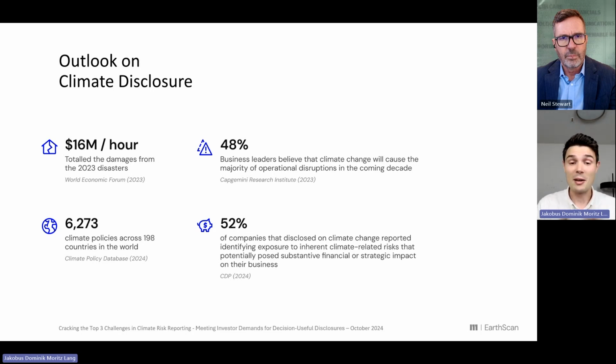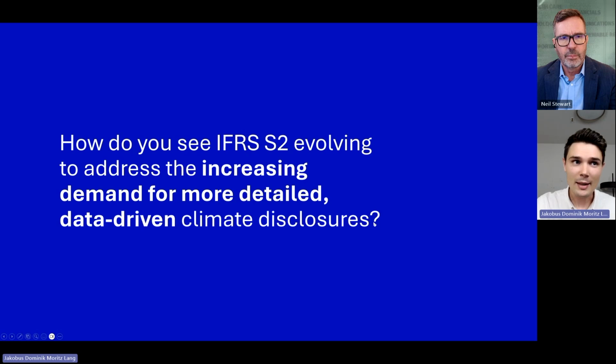We see a number of climate policies around the world that is astonishing, and also under the CDP, the companies reporting on climate change see that financial impact and strategic impact from climate-related risks. So I think that proves your point from earlier that it becomes more and more critical.